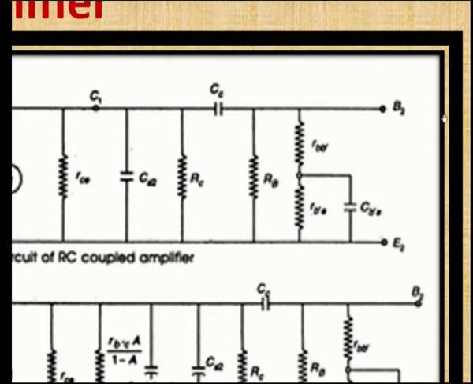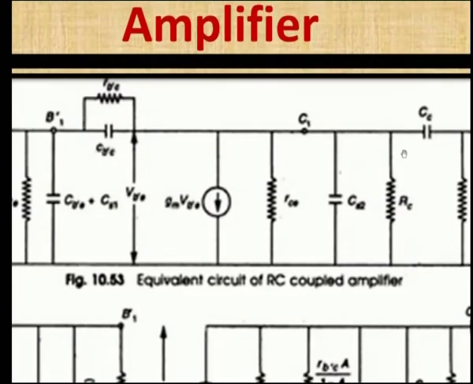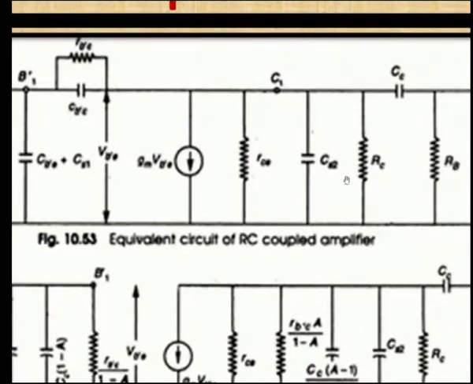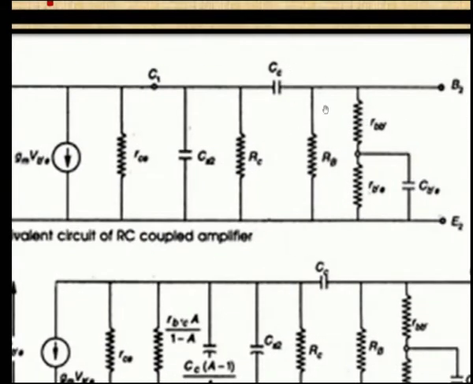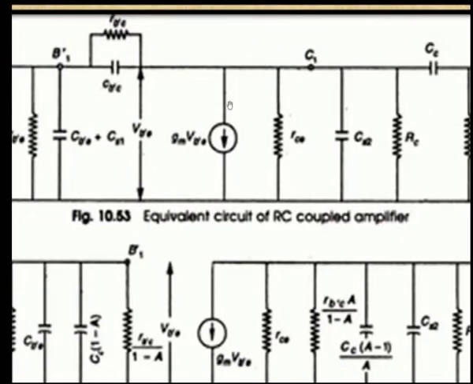After this comes the next stage of the RC coupled amplifier, and before this coupling capacitor is the first stage. So until here you have to see all the parameters for the first stage of the amplifier, and after this coupling capacitor all are for the next stage. This is for Q2, and before this coupling capacitor everything is for Q1.